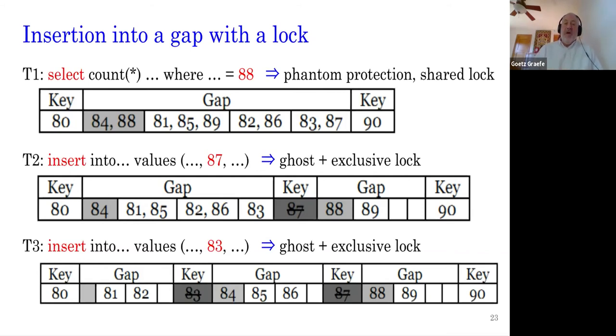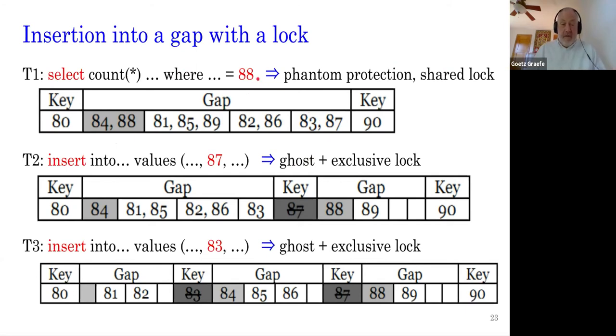So what we do is we get ourselves a shared lock on partition 0, because 88 modulo 4 is 0, so we get a shared lock on this. Now, if transaction 2 comes along and says, I wish I could insert 87, well, the partition with 87 is actually not locked, and we can actually permit that.